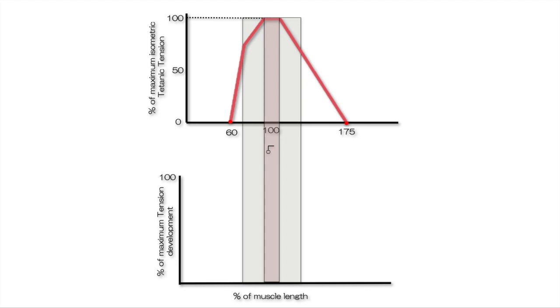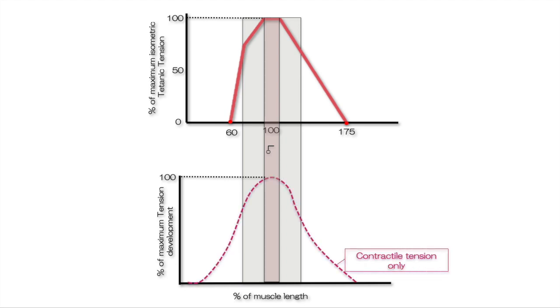If we are able to record the percentage of the developed active and passive tensions, then how can we say it? We can say it in this coupled graph here. As you see, the maximum developed tension happens at the optimal length. It's like a bell-shaped curve, but here we only have one parameter, the contractile tension, which is the active tension that we recorded here.